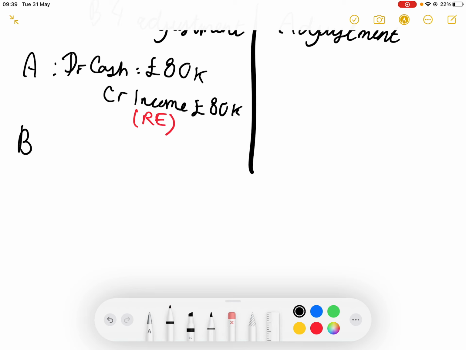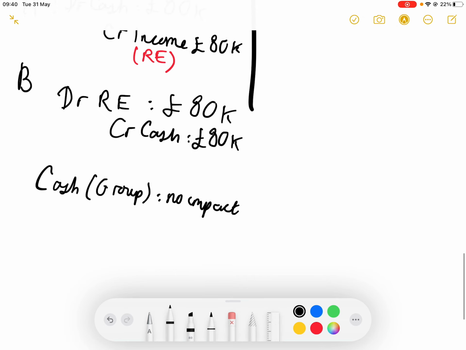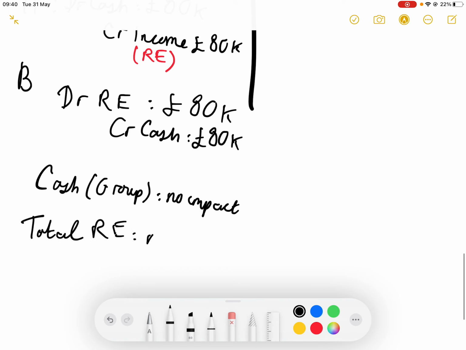Now for B, what's actually happening? Well, B is paying out cash of 80k, but it's debiting its retained earnings to pay the dividend of 80k. So for cash in the group, there's no impact because one entity is receiving cash and the other one is reducing its cash. Total cash, there's no impact. Total retained earnings, no impact.